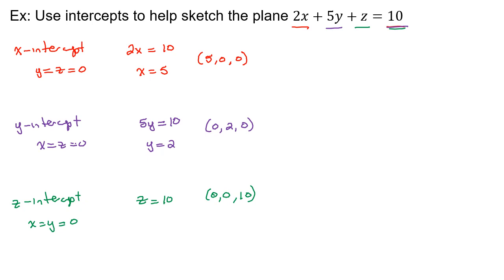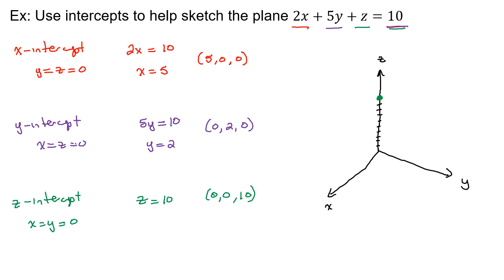So I'll have an x-axis, a y-axis, and your z-axis. So I got to go up to 10. 1, 2, 3, 4, 5, 6, 7, 8, 9, 10. So this is my z-intercept right there.